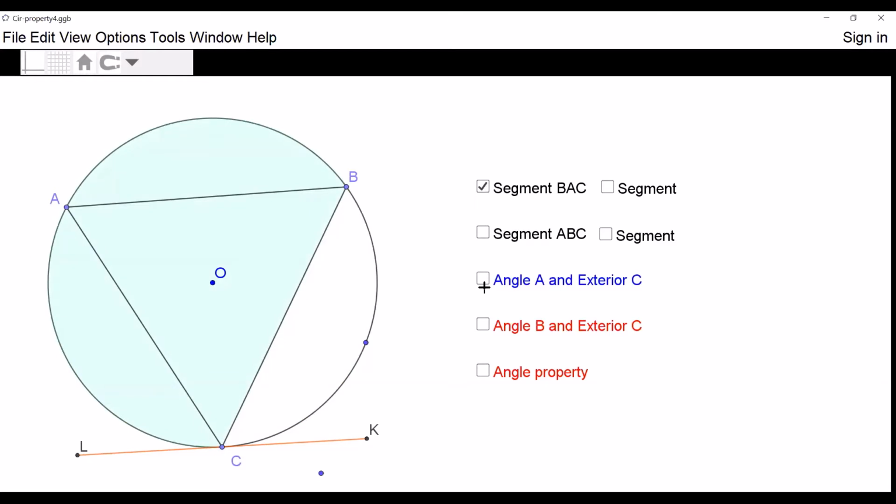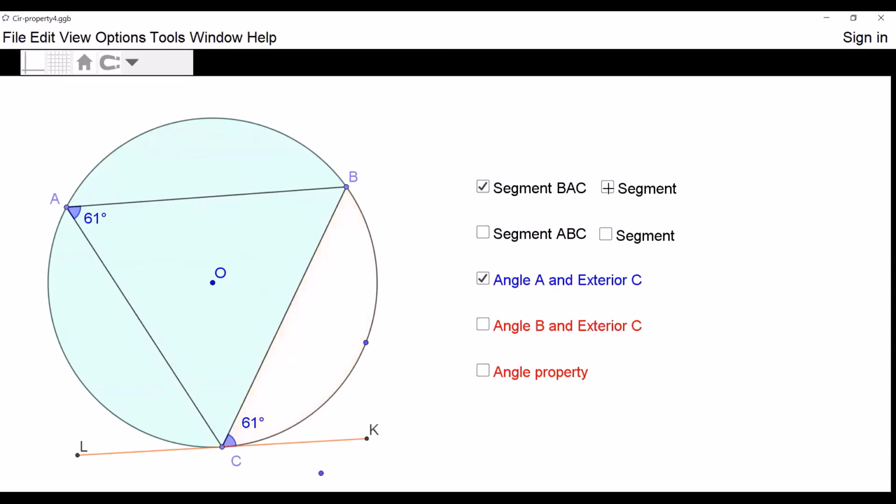Now, angle A and C. So observe that we have one angle in this segment, this one, and we have an angle in the other segment. So they are alternate segments.